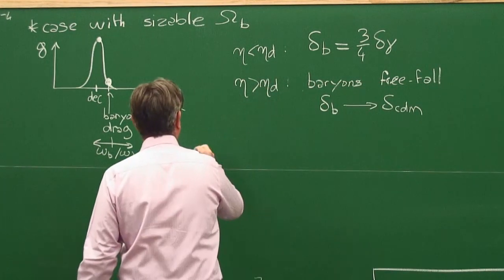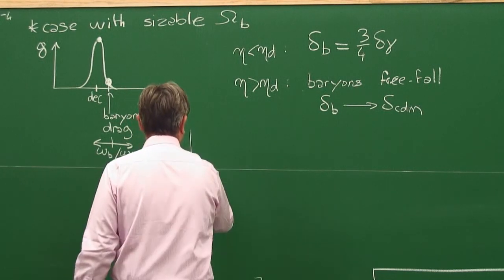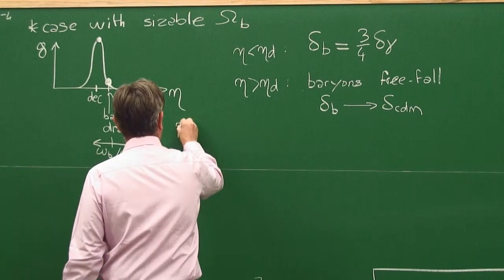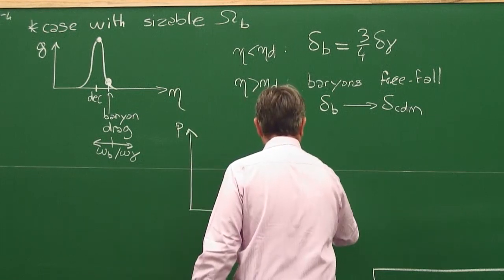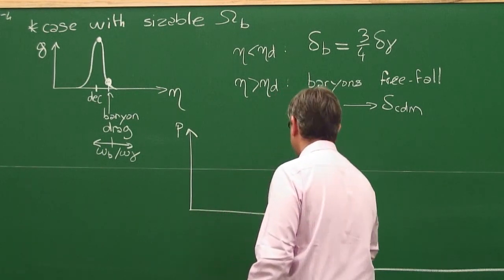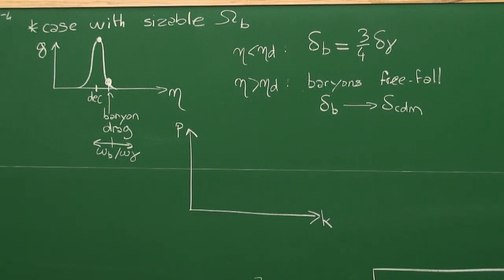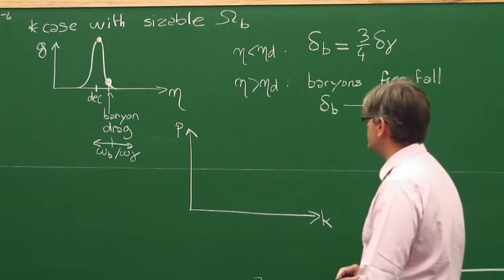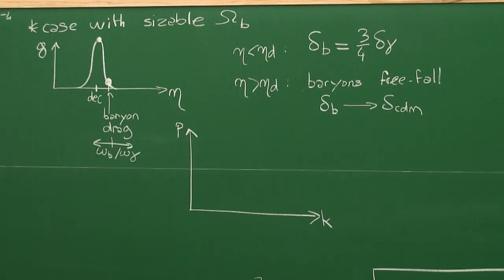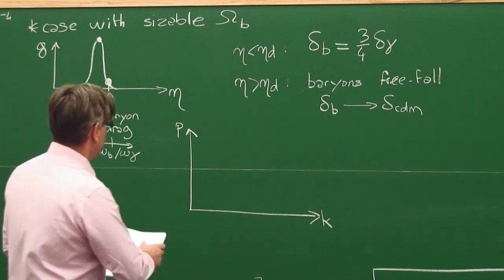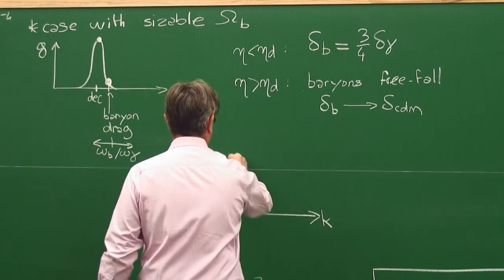The effect of this on the matter power spectrum is not difficult to guess. Let us plot the matter power spectrum, now taking into account our two components, just before the time of baryon drag. So this is k to the minus 3.